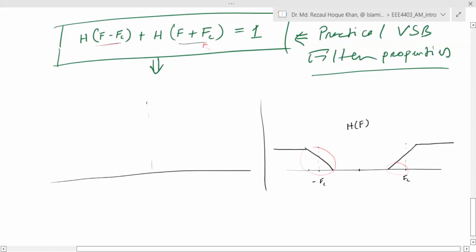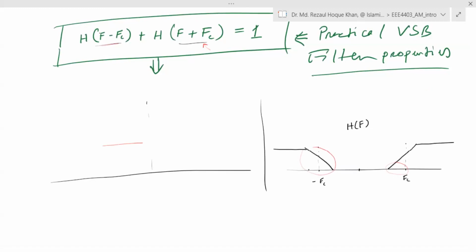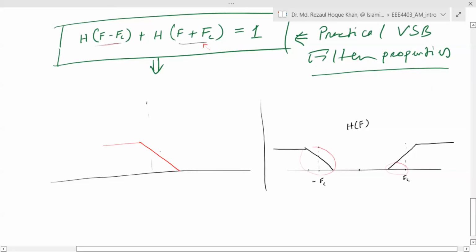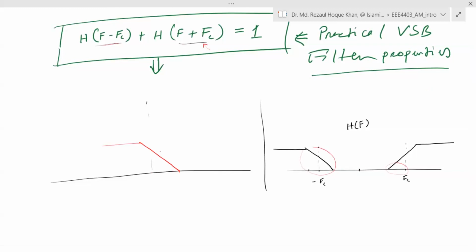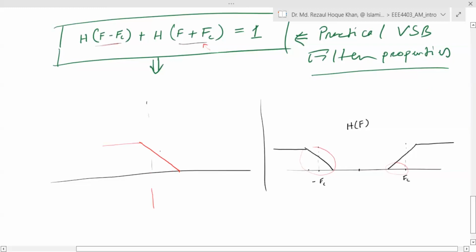Okay, so if I draw it here, so it will be in here. It will be like this. Same thing.